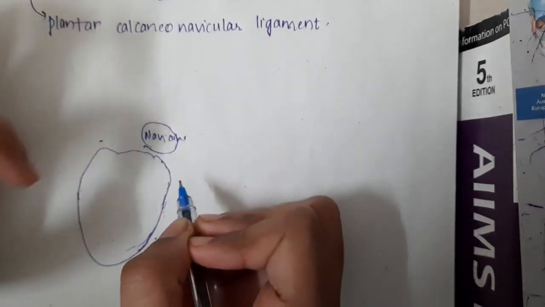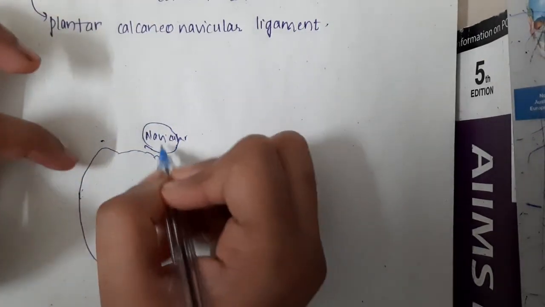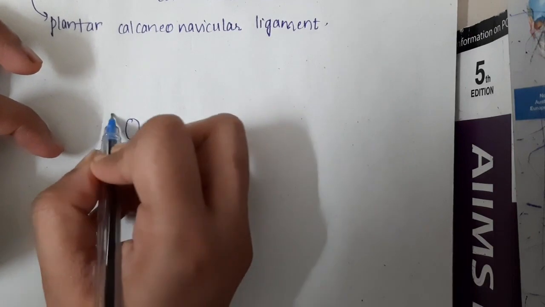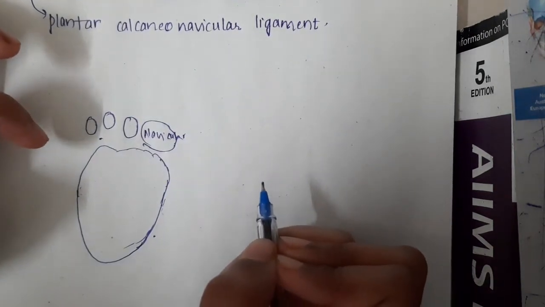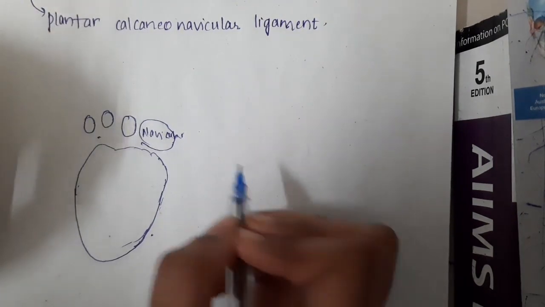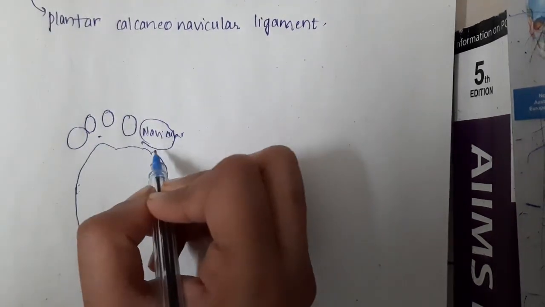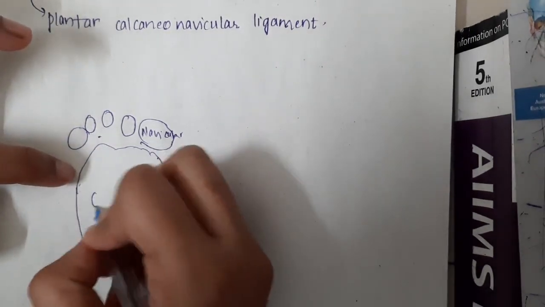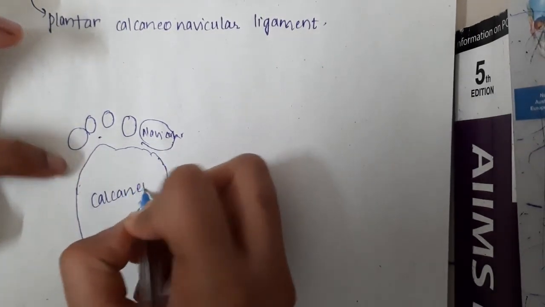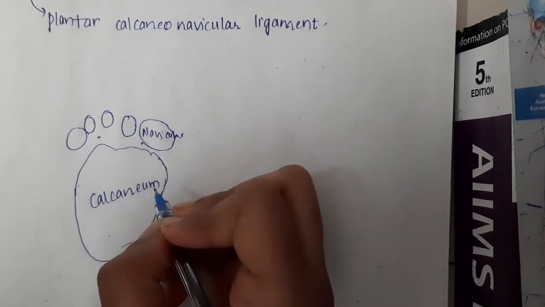Over it you will have the talus, then cuneiform bones and also a cuboid bone. All these are not necessary here. The spring ligament connects mainly the calcaneum with the navicular bone.